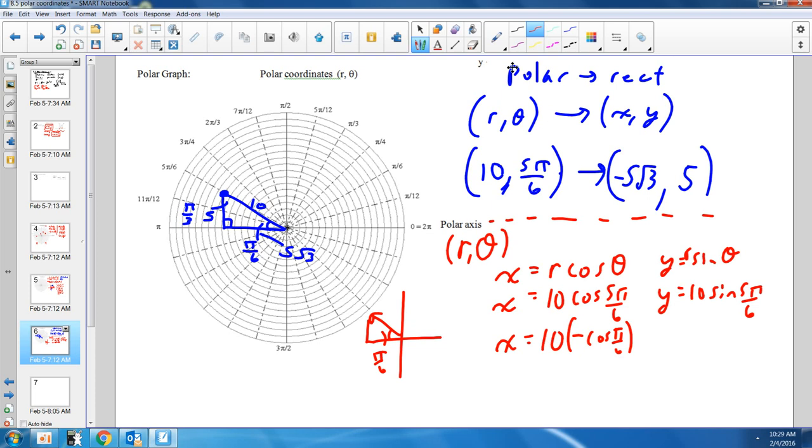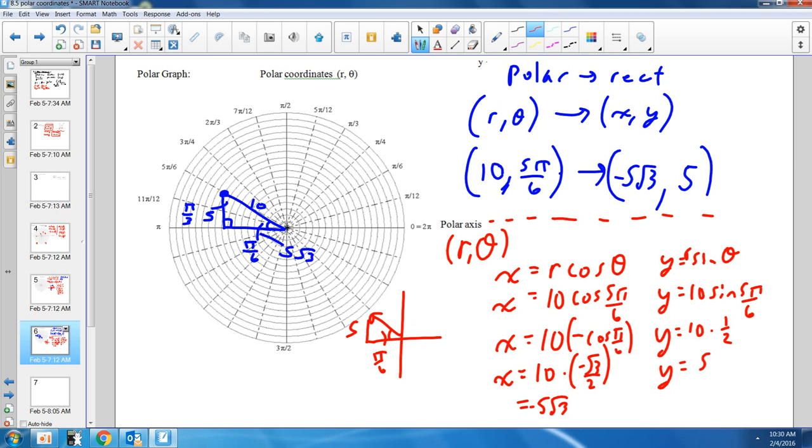It's negative because of the SATC, or the Santa Claus, and therefore x is going to be equal to 10 times a negative square root of 3 over 2, which is equal to negative 5 square roots of 3, which is the same thing as I have up here. Similarly, y equals 10 times positive 1/2, which is going to equal 5, same thing as I have up there.